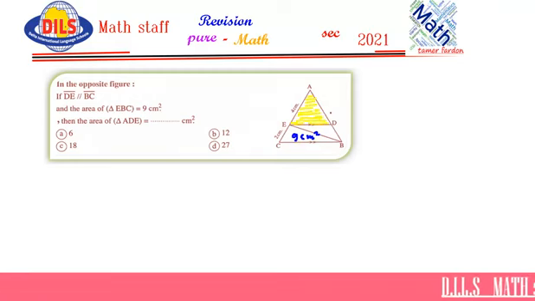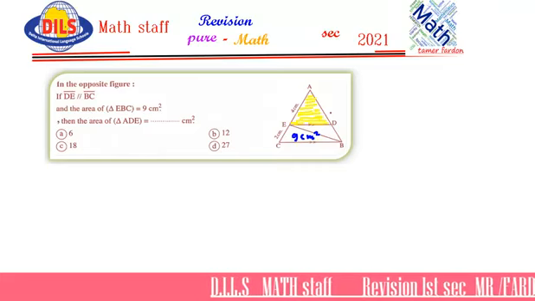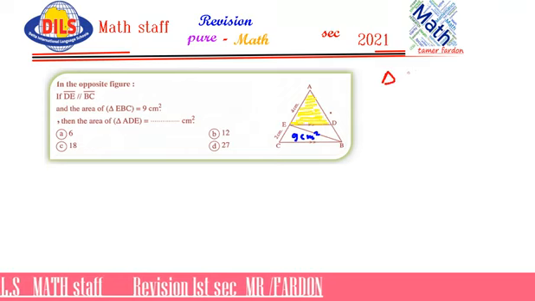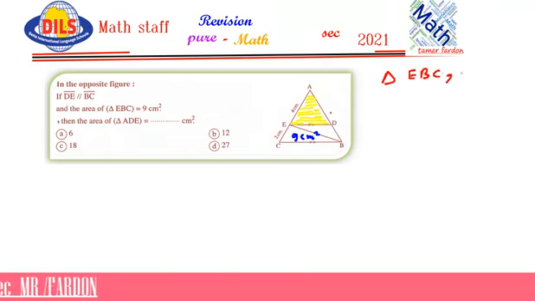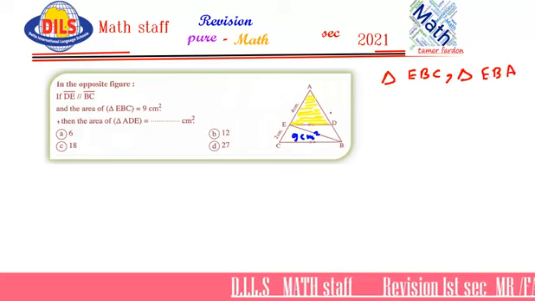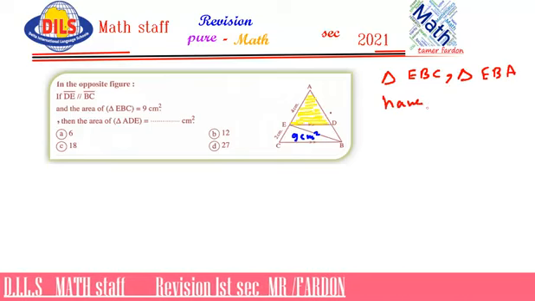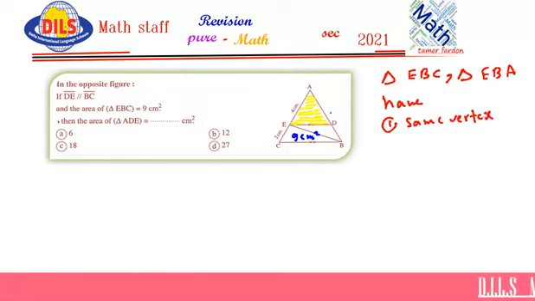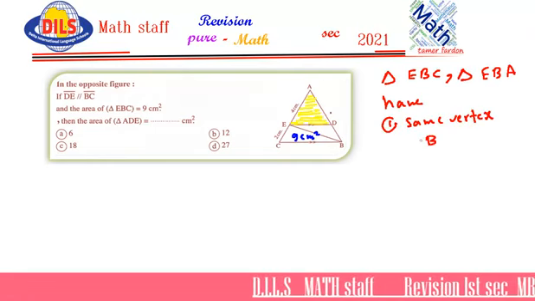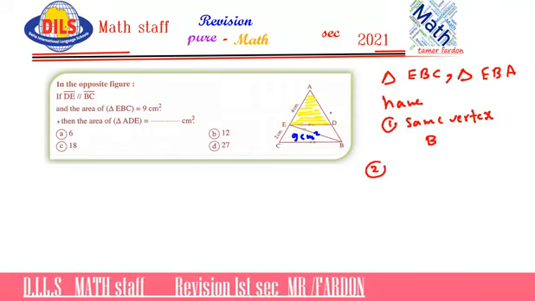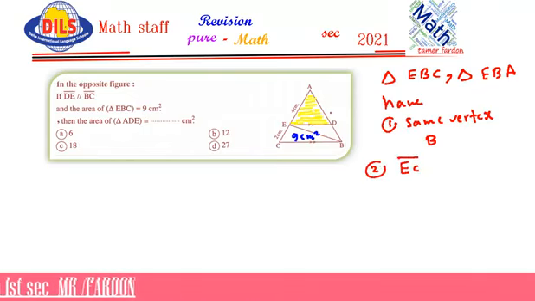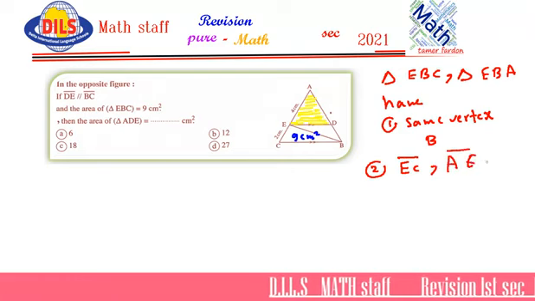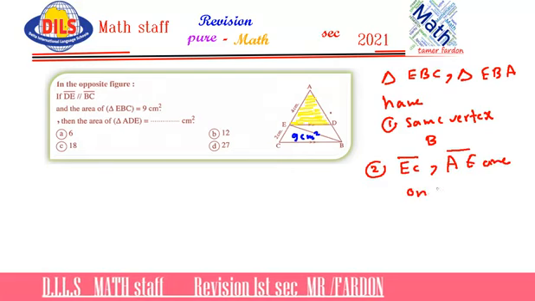First, triangle EPC and triangle EPA have the same vertex, which is B. Also the base of the first, which is EC, and the base of the second, which is AE, are on the same line.